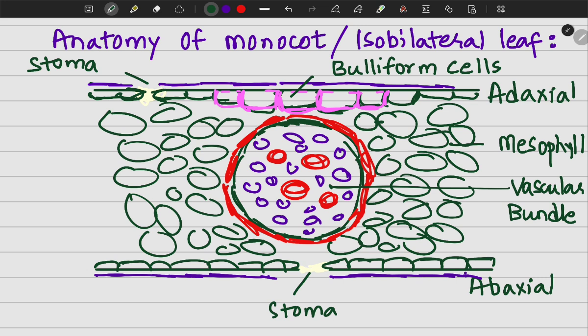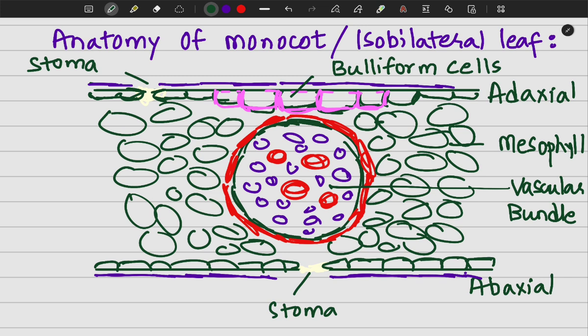Alright, and whenever there is a loss of water, whenever there is a stress, water stress or scarcity of water, in that case these bulliform cells become flaccid, and when they get flaccid or sunken, then the leaves curl their surfaces in order to prevent water loss. So that is the function of bulliform cells. I hope it is clear to you.